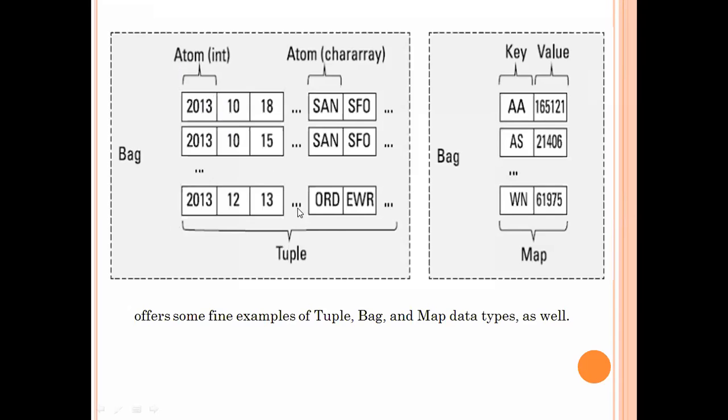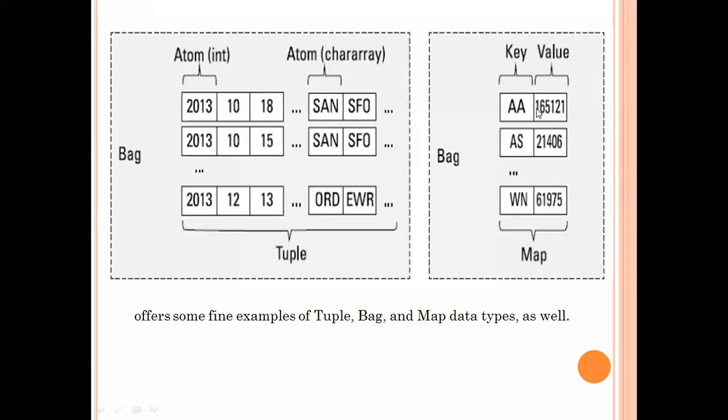So see here the tuple, here some order, and so on. This total row is known as one tuple. All these rows together are going to be mentioned as one bag. Here we may have, for example, map values. This is a key value, this is the key, and this is the value. This is one map.